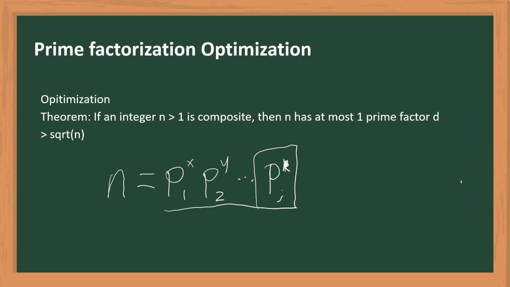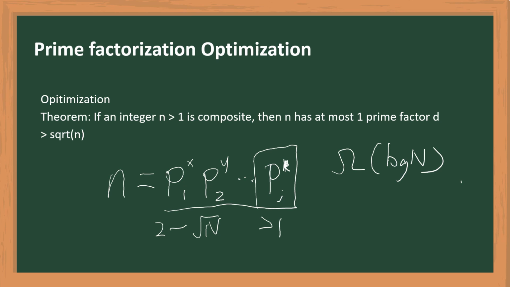In that case, we only need to try all the numbers between 2 and the square root of n to find most of the prime factors. And if the remaining part is larger than 1, then that would be the last prime factor we want to add to the result. In this case, we know that if it is a composite number, the omega n will be log n as before.